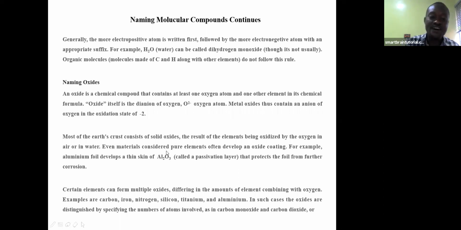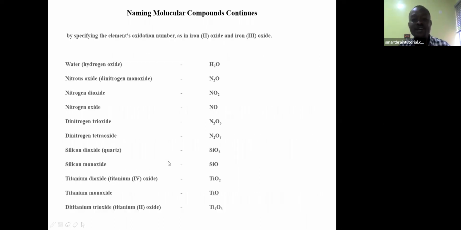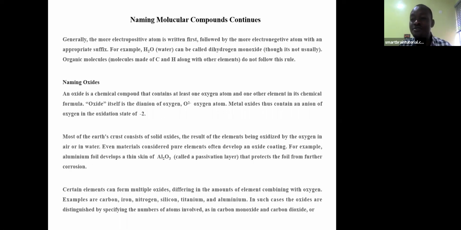So if you have an element from group 3, you will need to balance the oxidation state of the 2 elements, the element with that of oxygen. Most of the earth crust consists of solid oxides, the result of the element being oxidized by the oxygen in the air or in water.